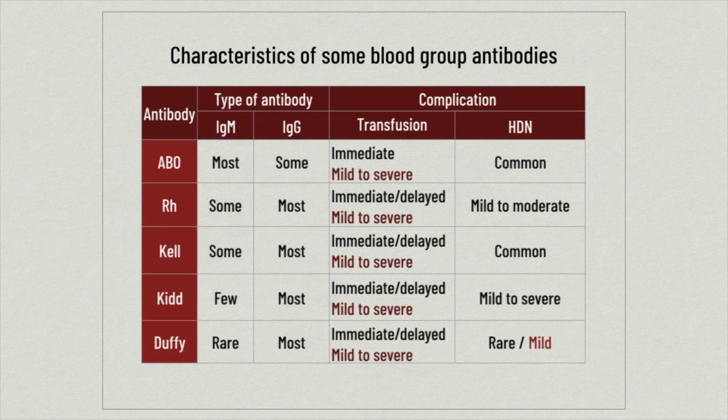These tables summarize the characteristics of antibodies to blood group antigens by means of subtype and related severity when HTR or HDFN is induced.